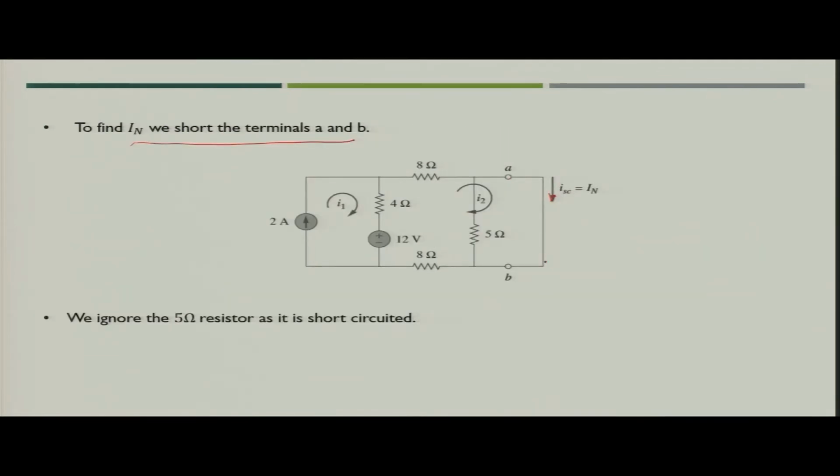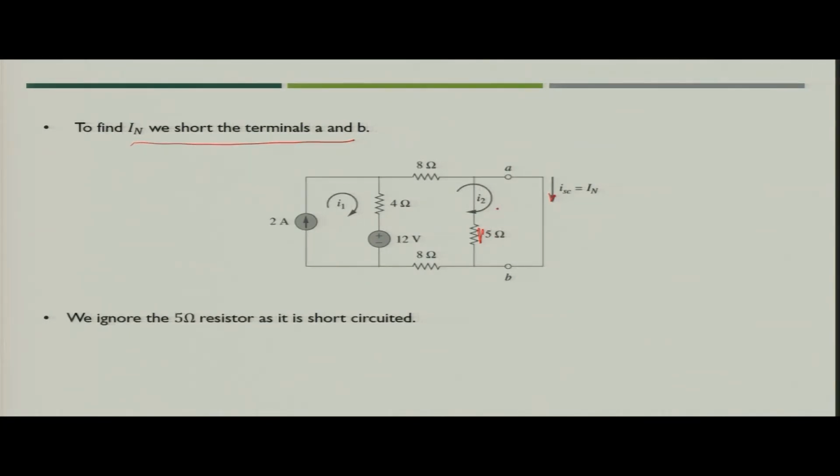Now, when you short circuit the terminal AB, what will happen? If you see the circuit carefully, you will see that 5 ohm is now in parallel with the short circuit wire. So, that means that 5 ohms resistance is also short circuited. So, you can neglect this 5 ohm resistance from the circuit.